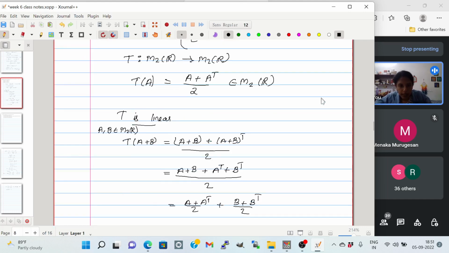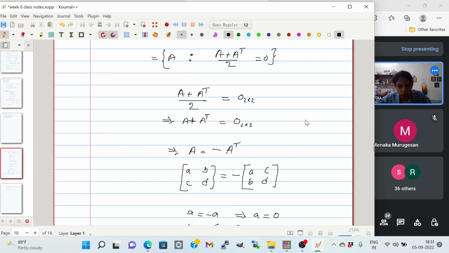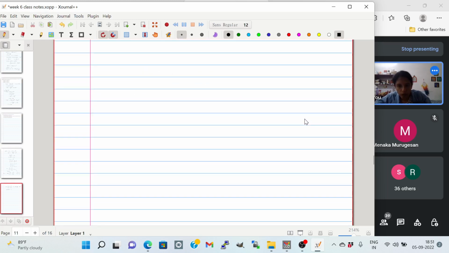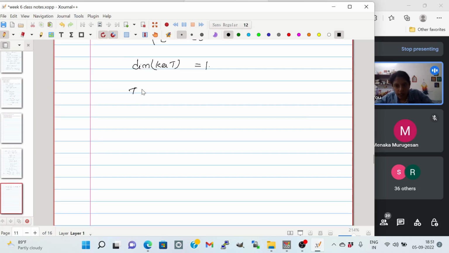Now T is a map from M2 of R to M2 of R. What is rank nullity theorem?